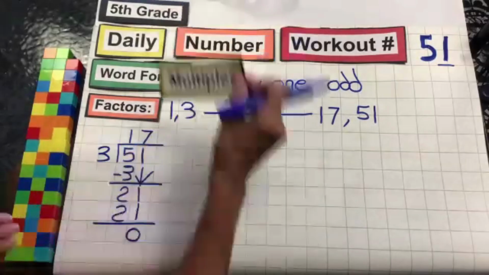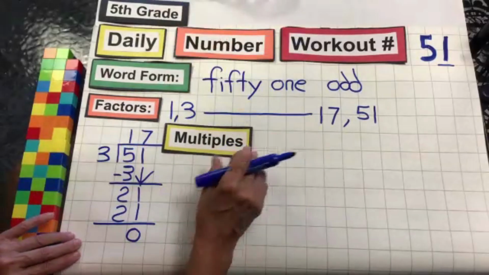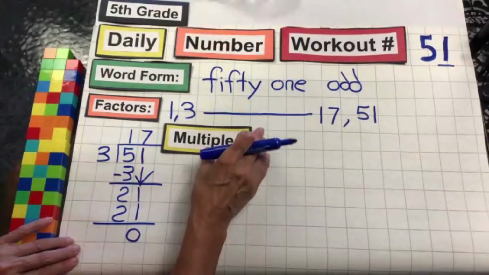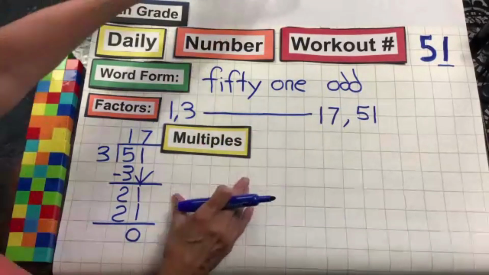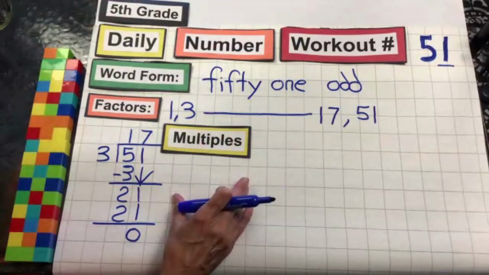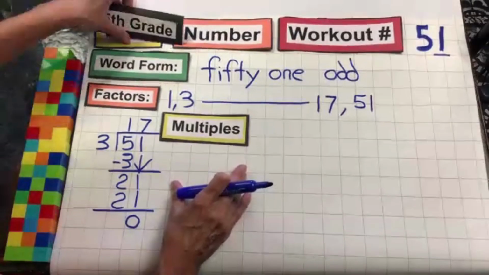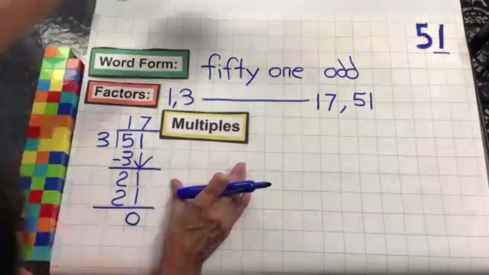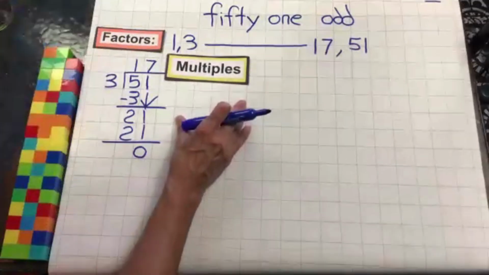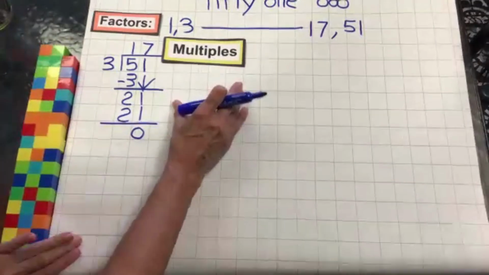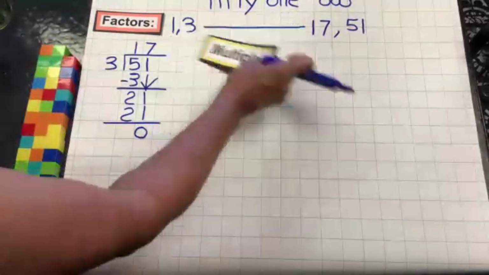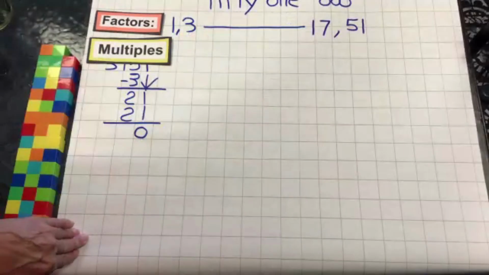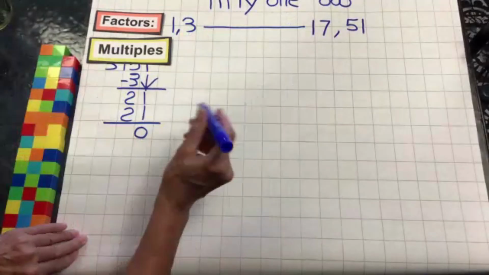So let's go on to our next thing, which is multiples of 51. So I'm going to move my paper up. I want you to be able to see the multiples. So we're on multiples, and I'm going to tuck it right next to this division problem so we can have plenty of room over here.